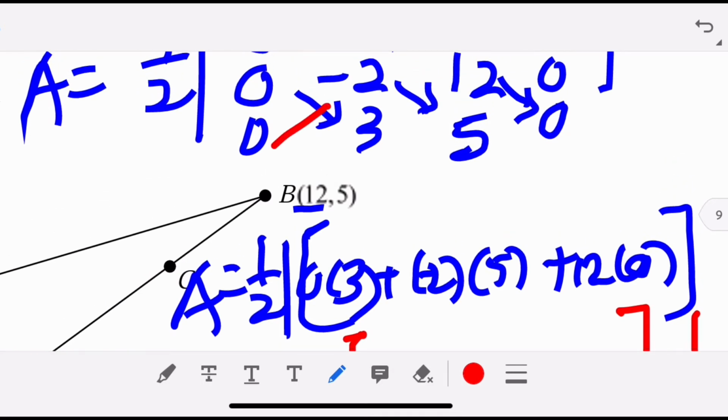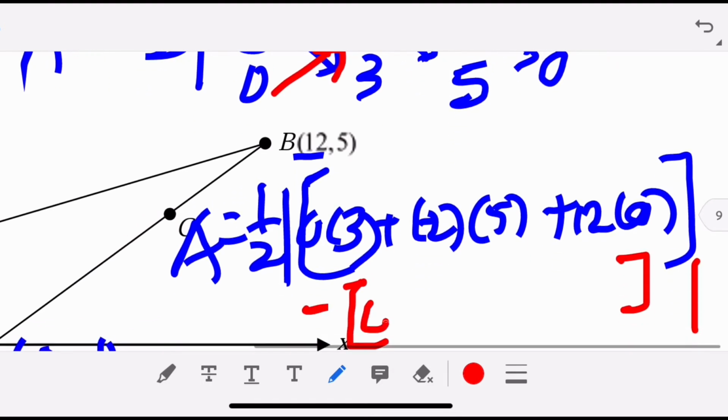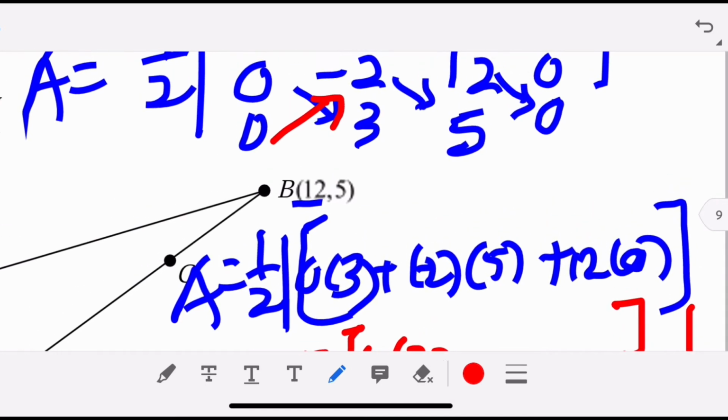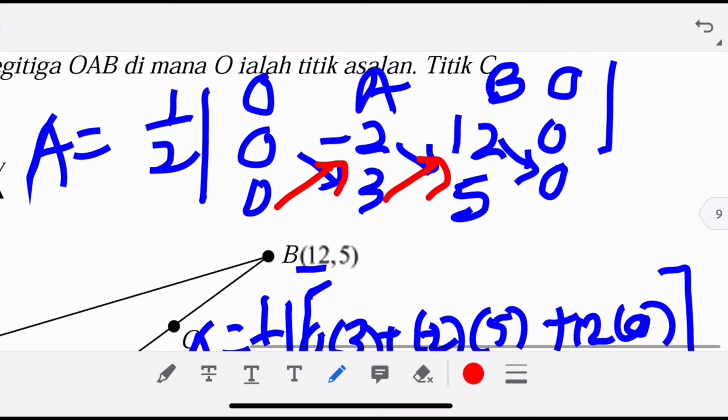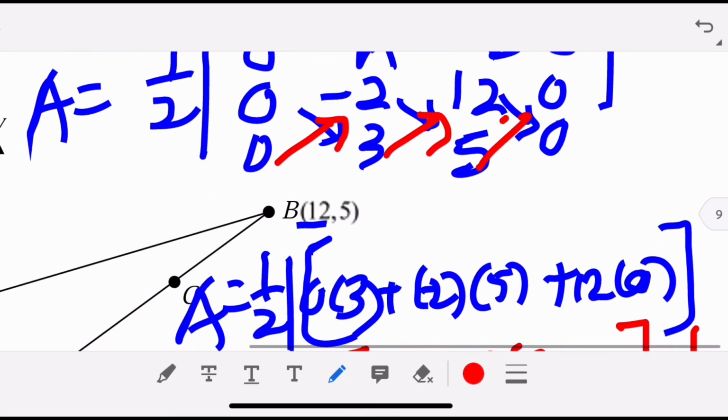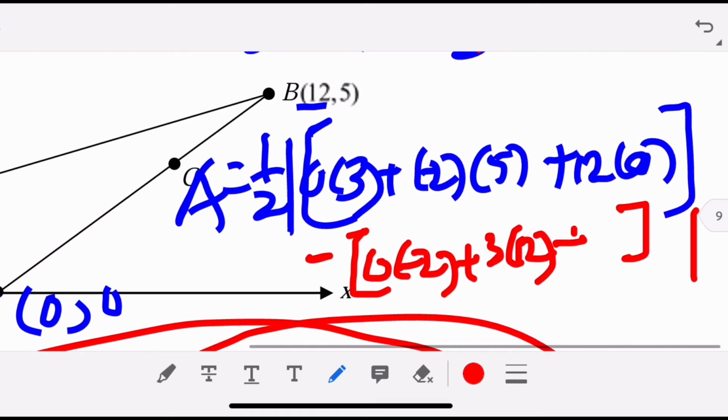So it will be 0 times negative 2, then plus 3 times 12, and then plus 5 times 0. So the direction is important. We follow the clockwise minus the anti-clockwise.